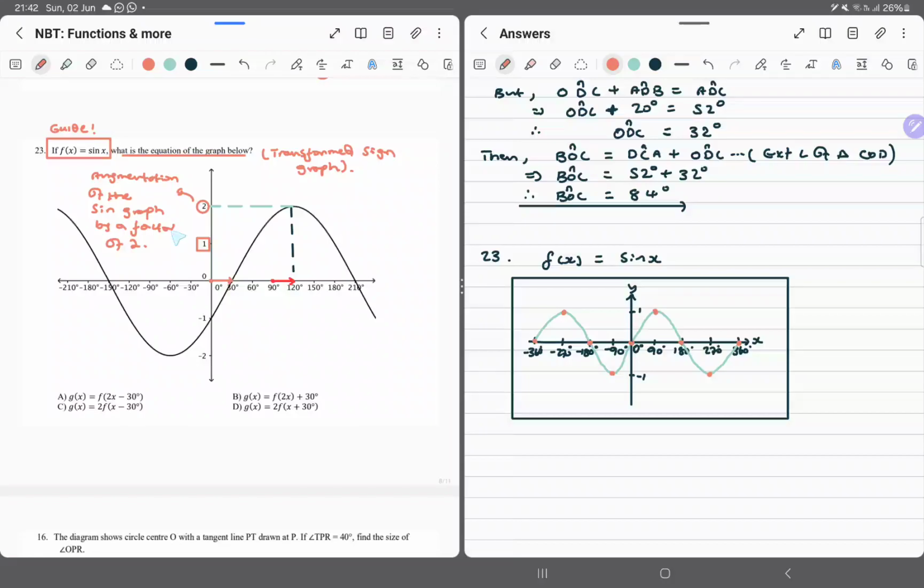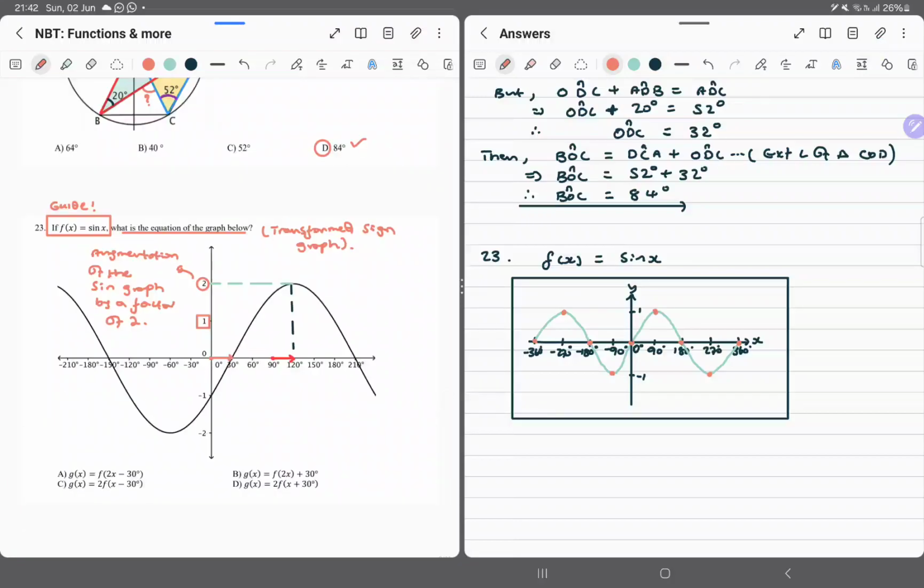So that means 2 multiplies the function. So this is very easy, because now we can understand that this is the standard sine graph that is augmented by a factor of 2 and then shifted to the right by 30 degrees.